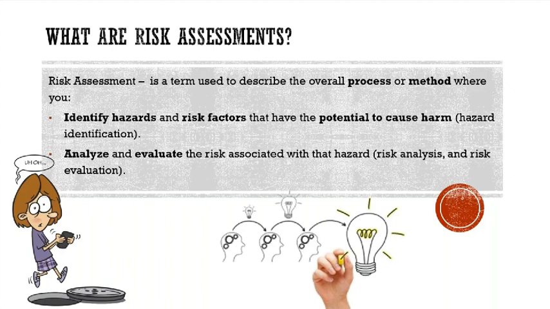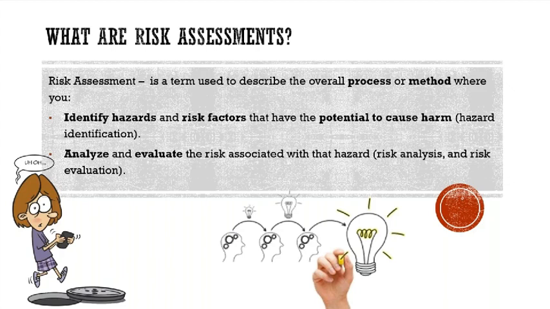Well, a risk assessment is the term used to describe the overall process or method where you, one, identify hazards as well as the risk factors that are attached to those hazards, and then also the potential hazards. So not just existing things, such as if you're grinding, then you have hot works, but also the potential hazards in and around the environment that you are working in.